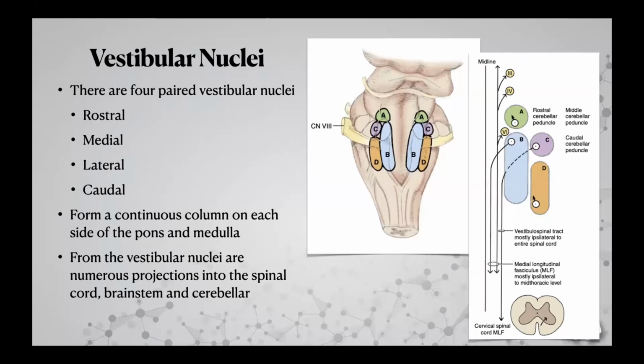We're not talking about fine movements; we're talking about postural muscles. What it does is the ipsilateral, so the same side, vestibular system is involved with facilitating the extensor muscles on that same side, and then it is inhibitory to the flexor muscles on the same side, okay?